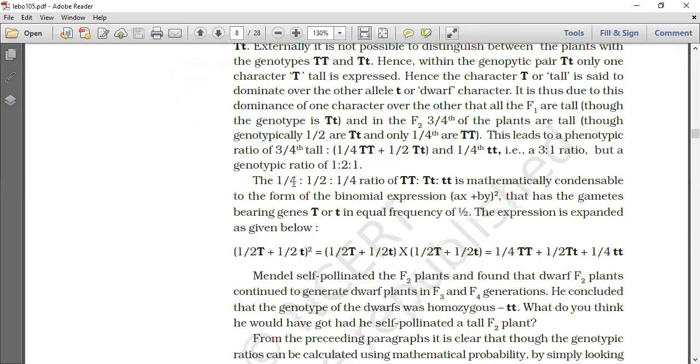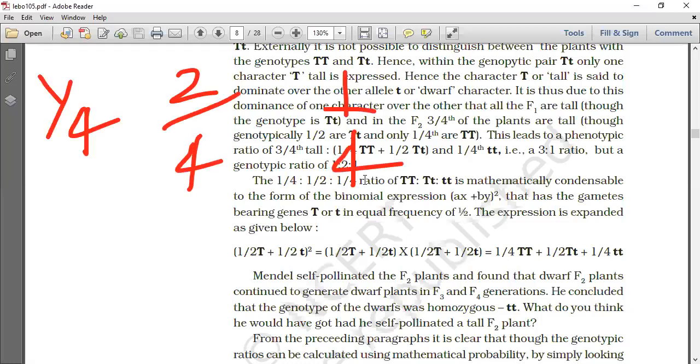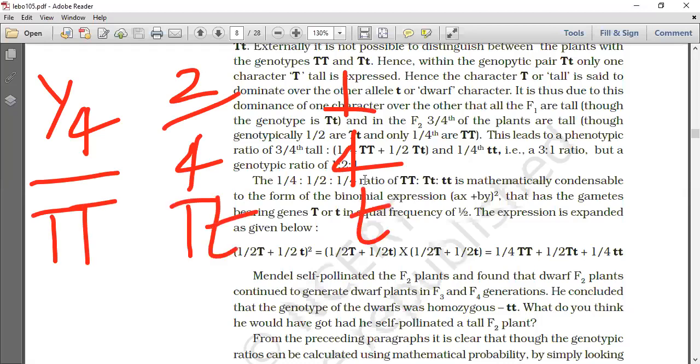Here, don't get confused by looking at 1/4, 1/2, 1/4. Actually, it should be written as 1/4, 2/4, 1/4. 1/4 are capital T homozygous tall, 2/4 are heterozygous tall, and 1/4, 25%, are homozygous dwarf. Here they have shown it as 1 by 2, so just try to understand.